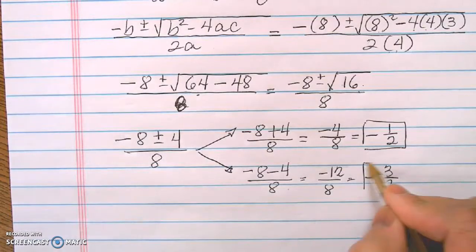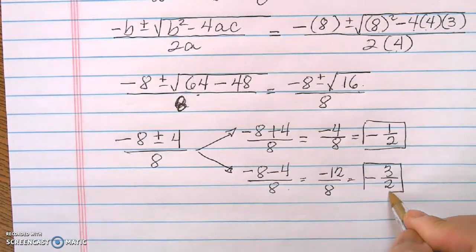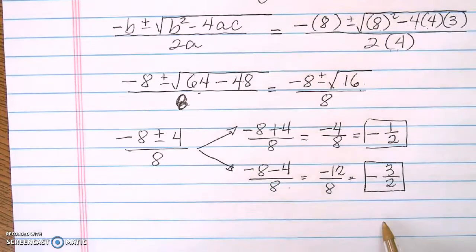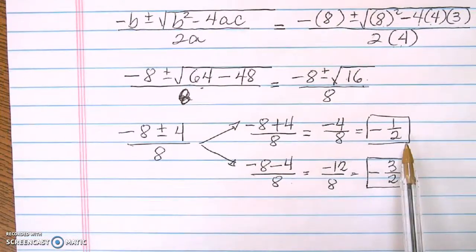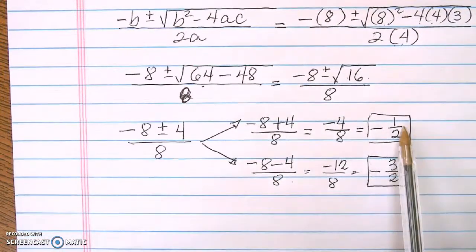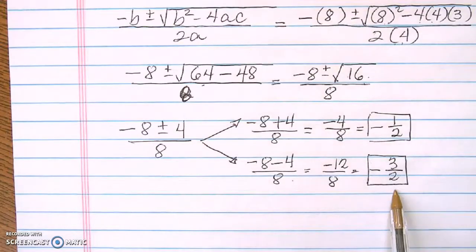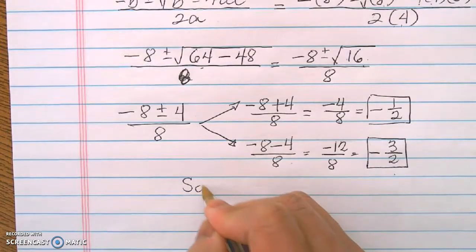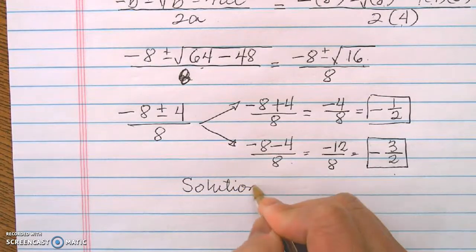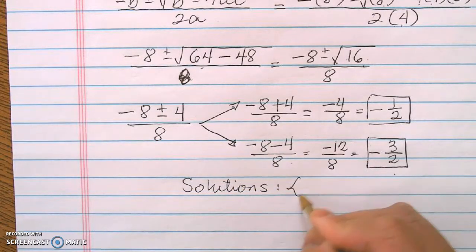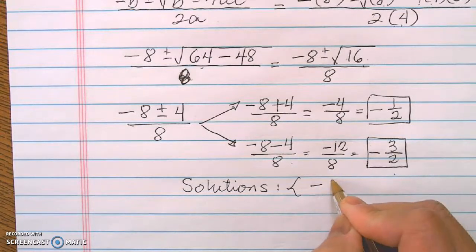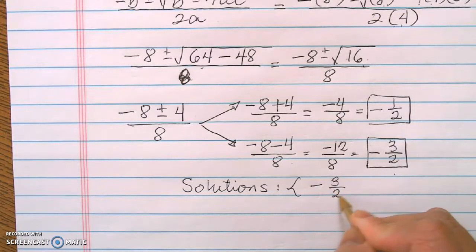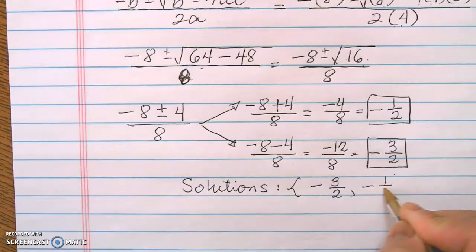So, your parabola will touch the x-axis at negative 1/2 and negative 1.5. Your solutions are negative 3 out of 2, comma negative 1/2.